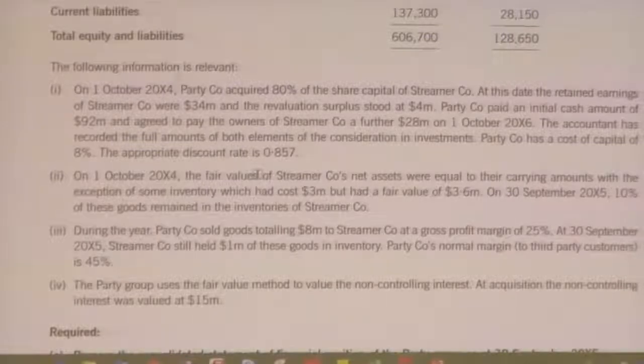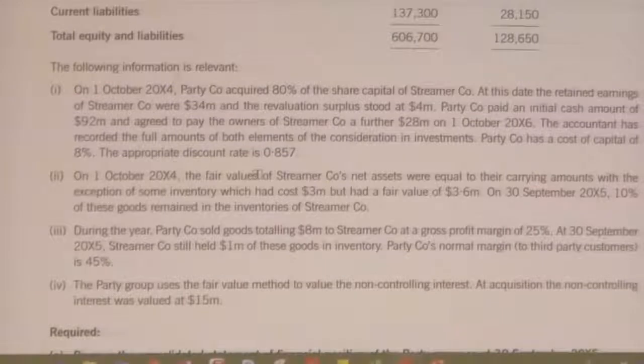P company paid an initial cash amount of rupees 92 million and agreed to pay the owners of Srima company a further 28 million on 1st October 2016. Fine. The accountant has recorded the full amount of both elements of the consideration in investments. So the deferred consideration as well as the purchase consideration which is paid in cash, both together you have included in where? In your balance sheet, right?